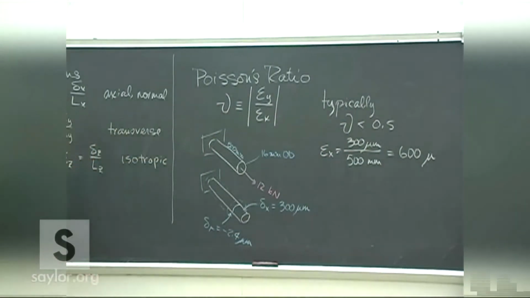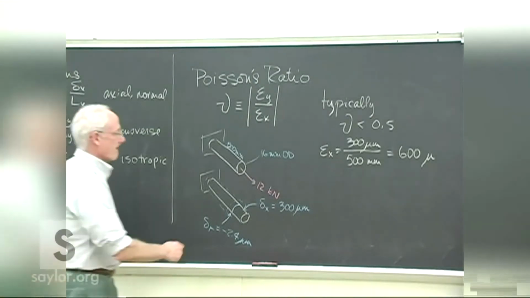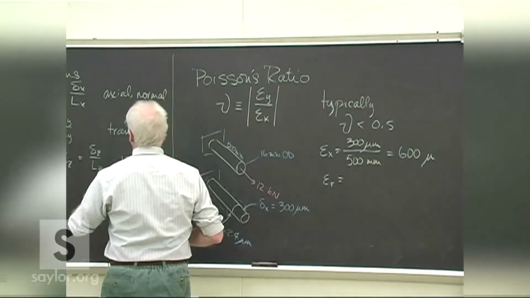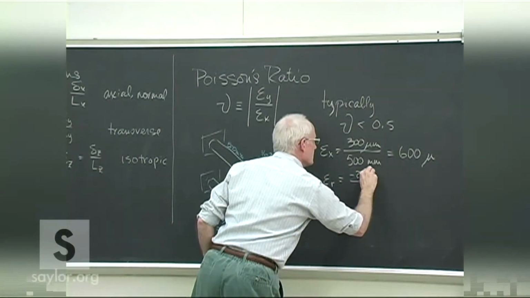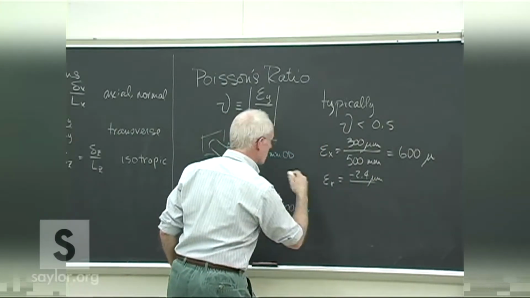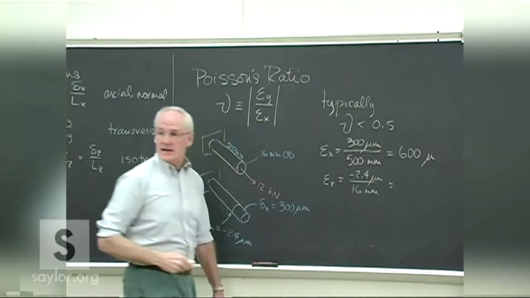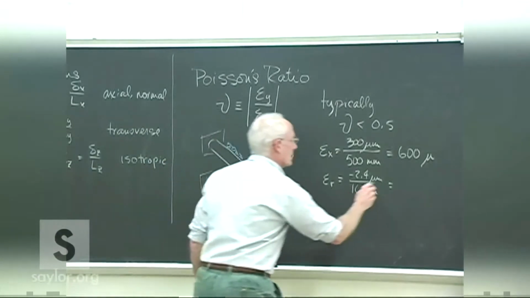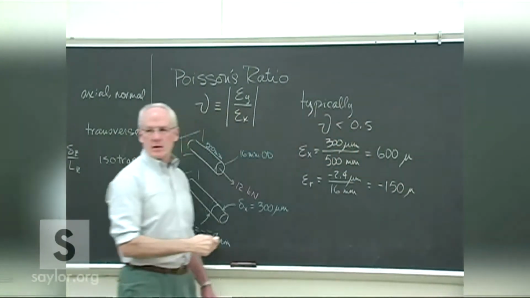So that has a strain of 600. And the radial strain, the transverse strain, is minus 2.4 micrometers over the original diameter 16. All right, so that just brings us to the end of that problem that we finished, I think a week ago.